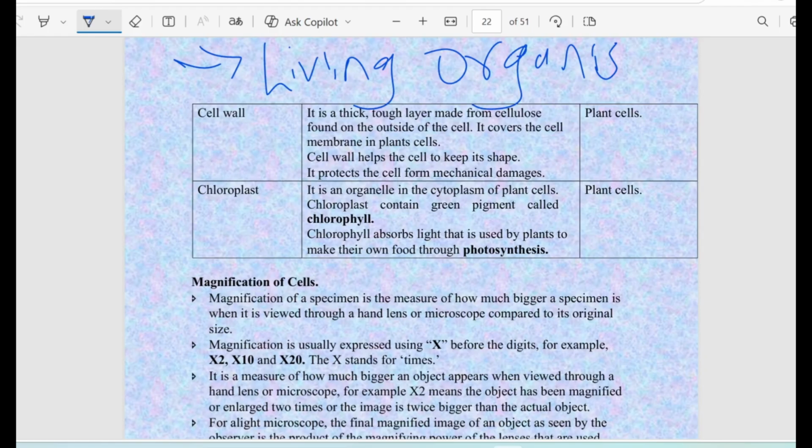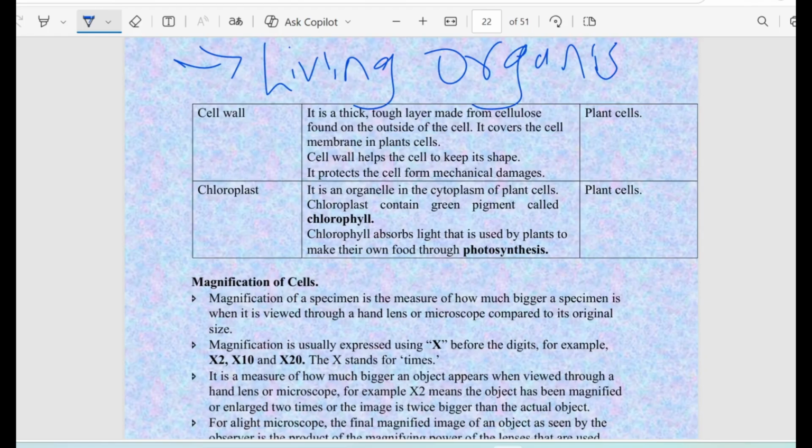So one of the functions of the cell wall is to give the plant cell its shape. Remember, this cell wall is found in the plant only. So it gives the plant the shape. Then also it protects the cell from mechanical damage. It is found in plant cells.